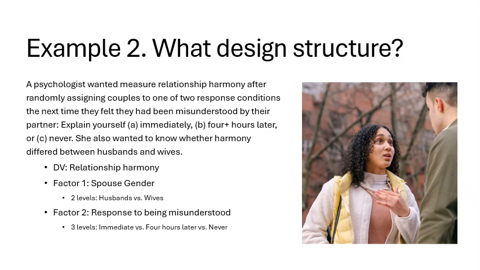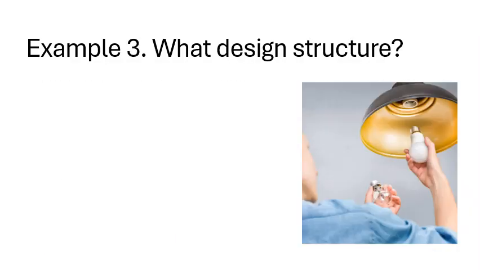So you probably can already guess that this is going to be a 2-way, because we have these 2 factors, 2 by 3 ANOVA, and with 6 possible combinations. We could have a husband who's told to respond immediately, a husband who's told to respond 4 hours later or more, and a husband who's told to respond never, and the same true for wives. So our 6 possible combinations.